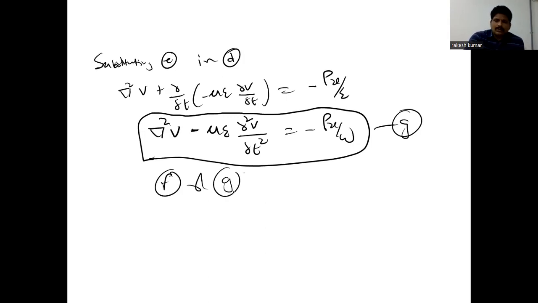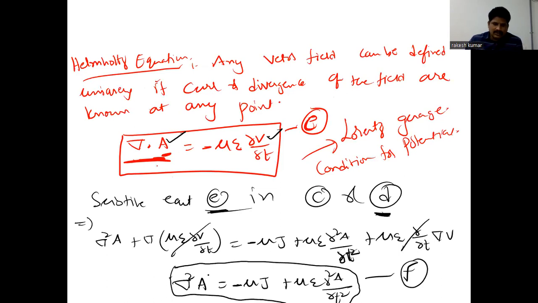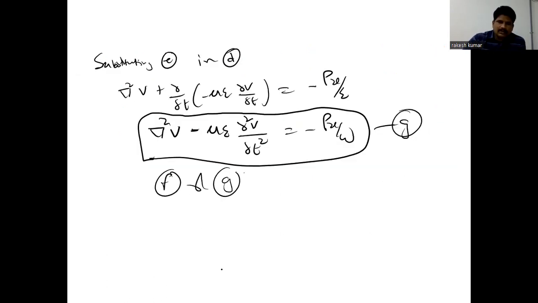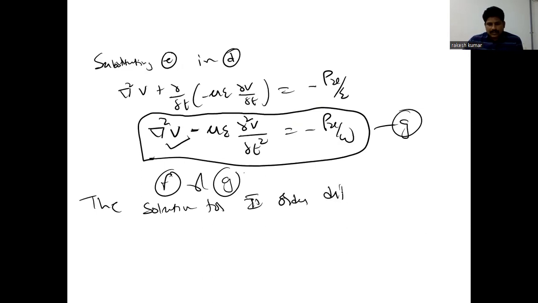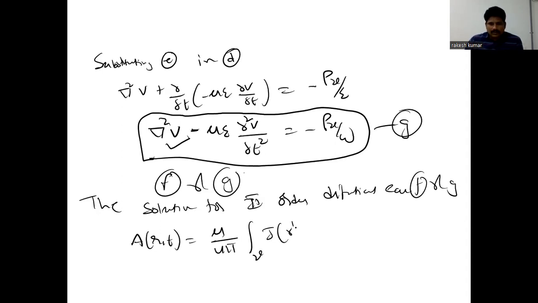Both equation F and G are second order differential equations. The solution for the second order differential equations F and G is given as A of R comma t is equal to mu by 4 pi integral of J of R dash, t minus R by v, by R, dv dash.